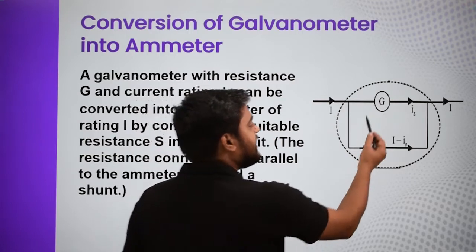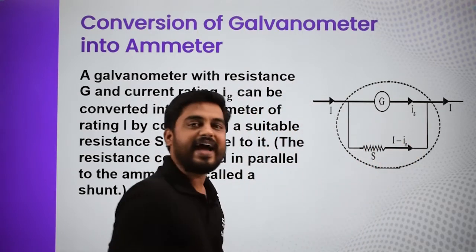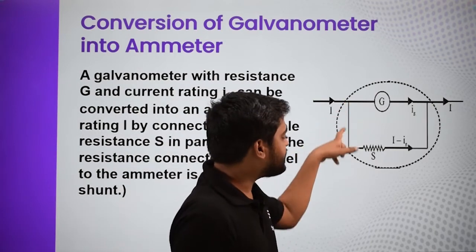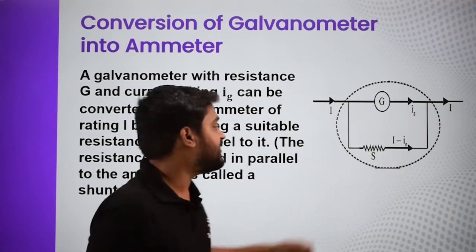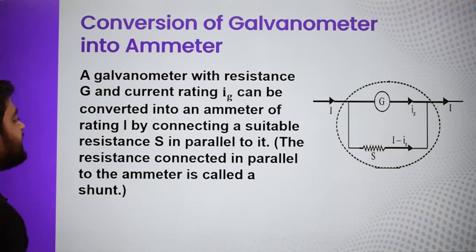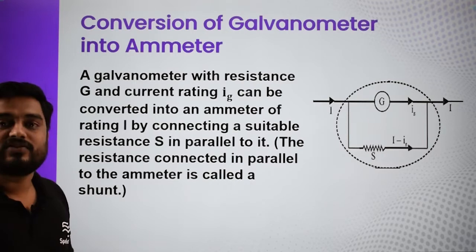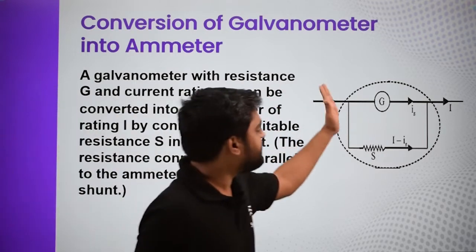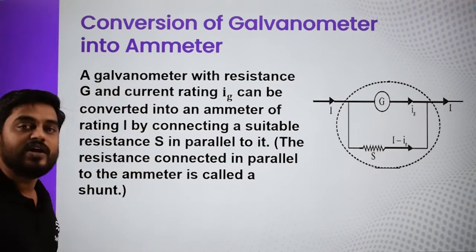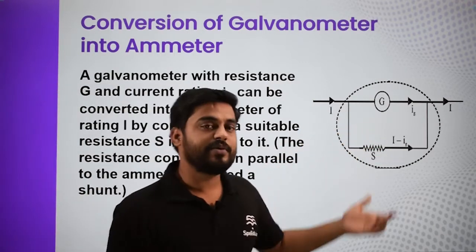We say that the current in the galvanometer is represented by Ig, and the rest of the current will pass through this shunt resistance. This shunt resistance has to be very, very small generally, so that maximum current passes through this branch. So a small resistance is introduced in parallel to convert a galvanometer into an ammeter.